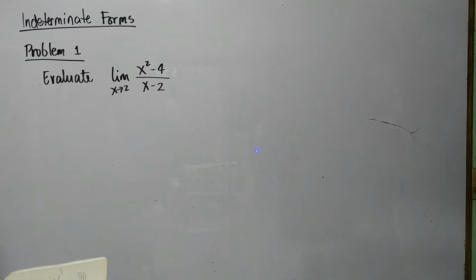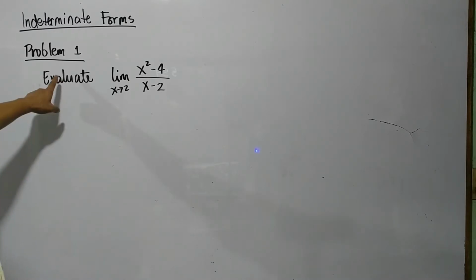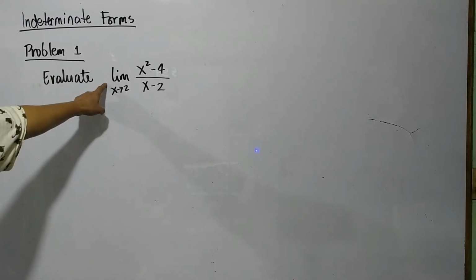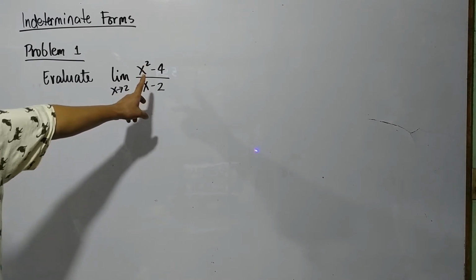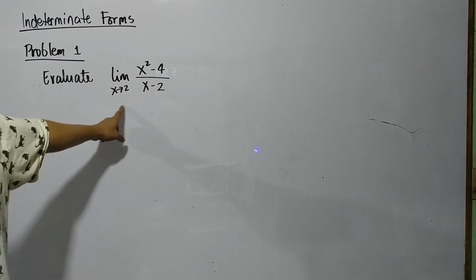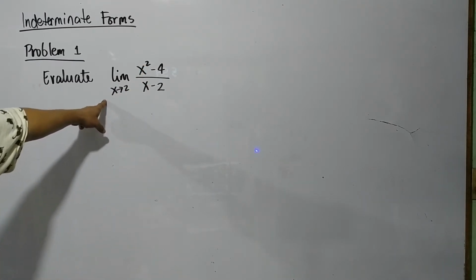So for our problem number 1, we have: evaluate the limit of x squared minus 4 over x minus 2 as x approaches 2.